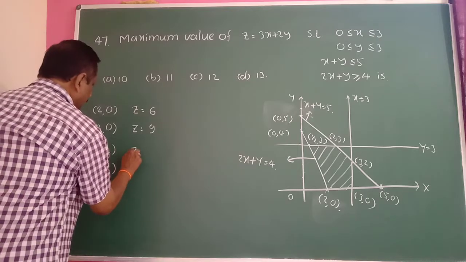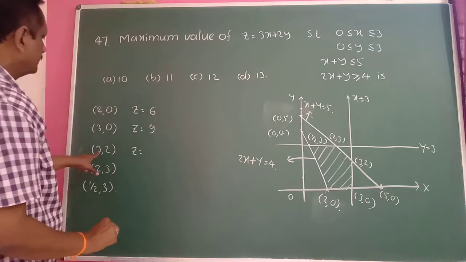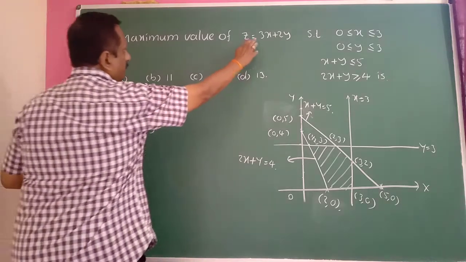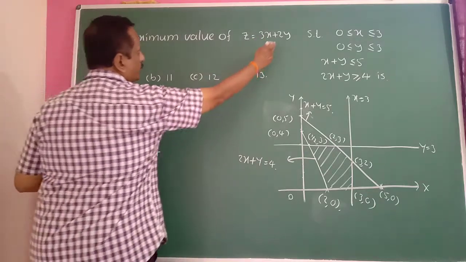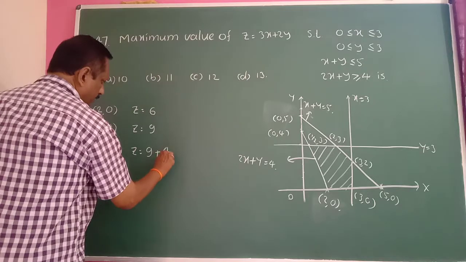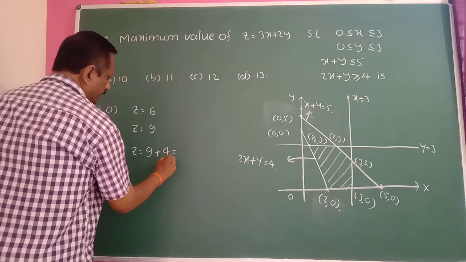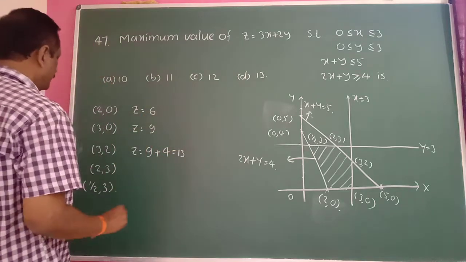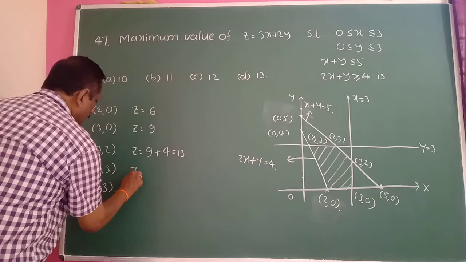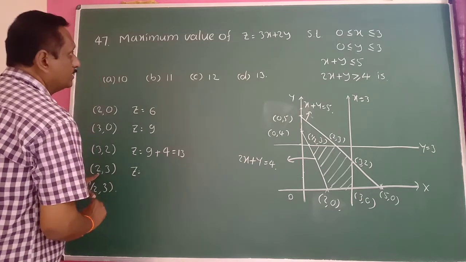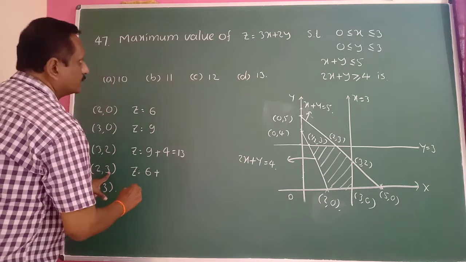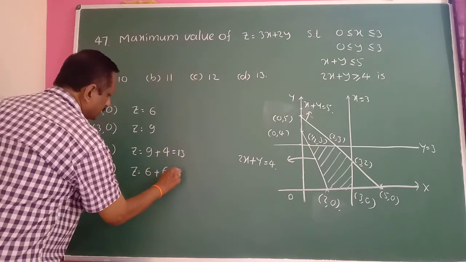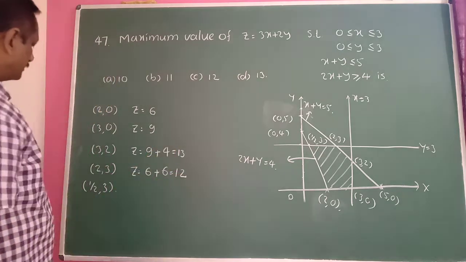In the third case, x is 3, 3 into 3 becomes 9, plus 2 into 2 becomes 4, so 9 plus 4 becomes 13. And here, put x value 2, 3 twos are 6, put y equal to 3, 3 twos are 6, 6 plus 6 becomes 12.